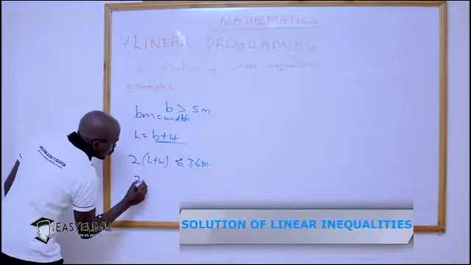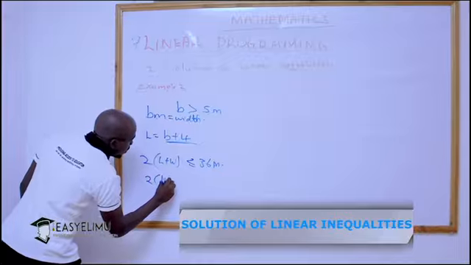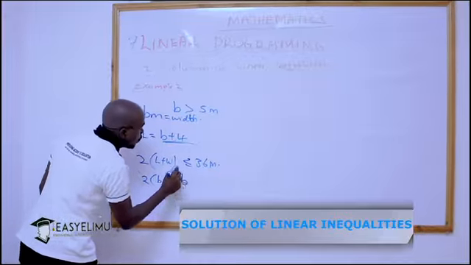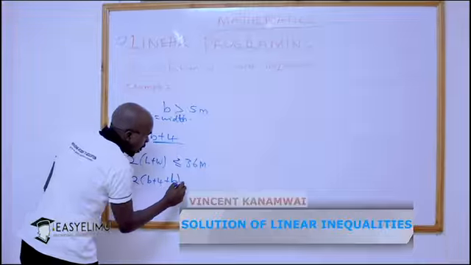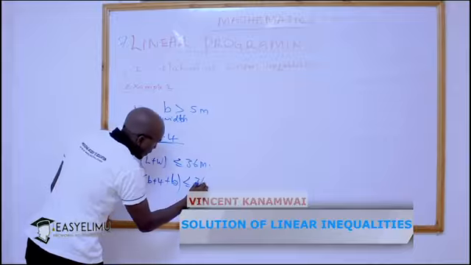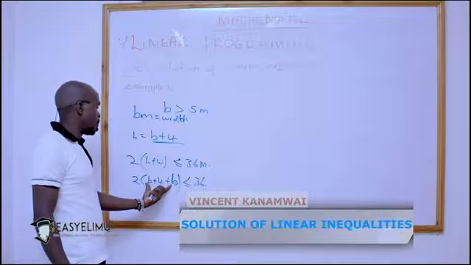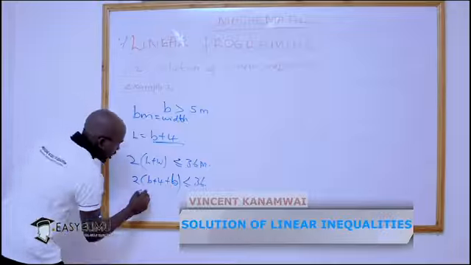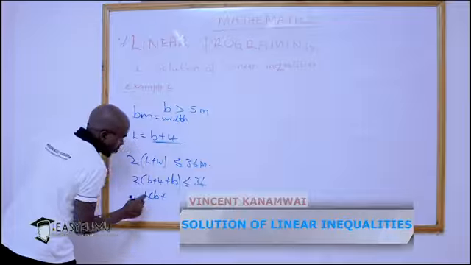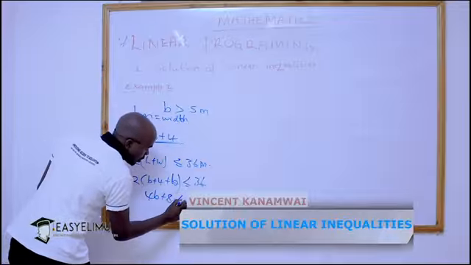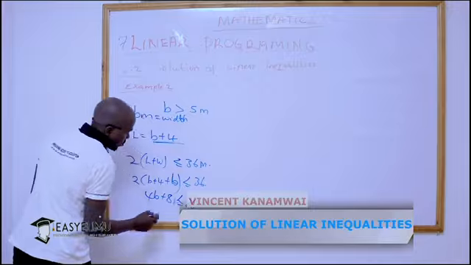So we are getting 2 into length, which is b plus 4, plus width, which is b. It should be less than or equal to 36. So if we open the bracket, we have 2 multiplied by 2b, we are getting 4b, plus 8 is less than or equal to 36.